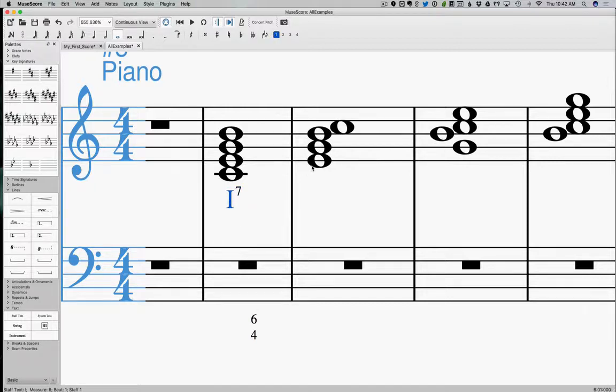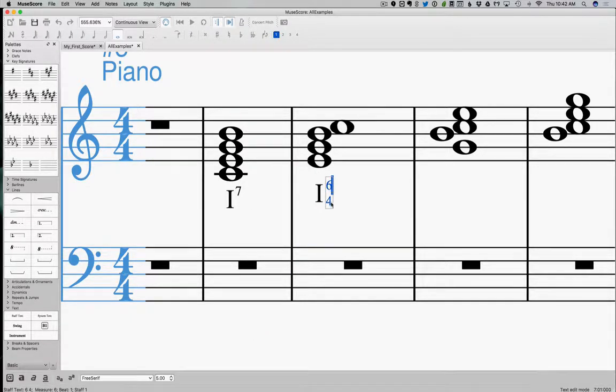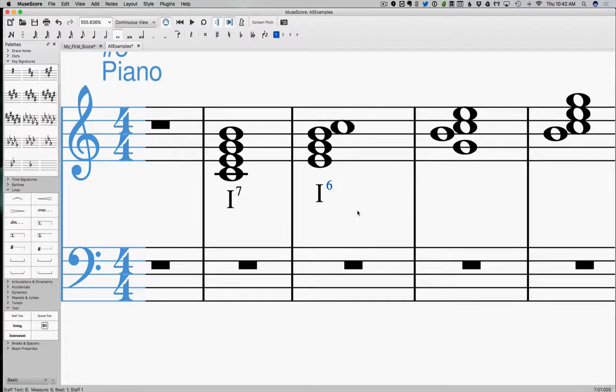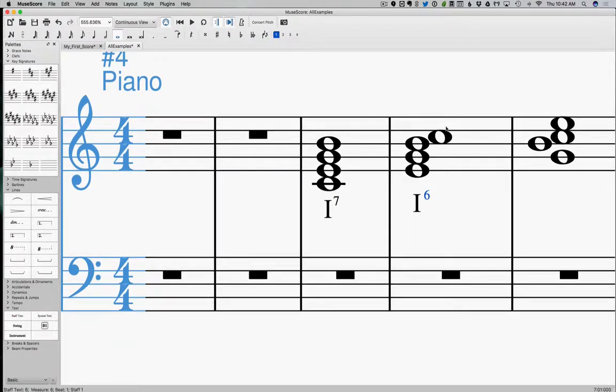Okay, let's go to our next one. What is this one? So our highest interval from E to C is actually a 6, right? And then what do we have? A 5 and then a 3. But we're not just going to call this 1 6, right? Because if we just called it 1 6, that doesn't tell me that.